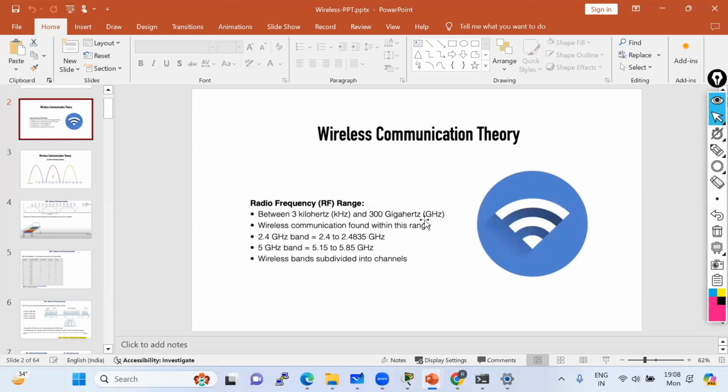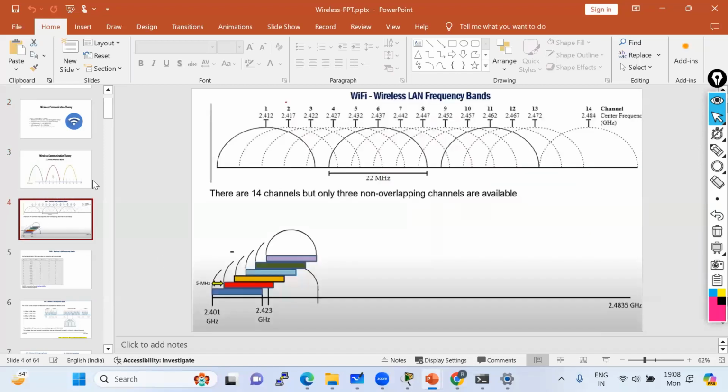Similarly, in 5 gigahertz, we have the range 5.15 to 5.85, and you also keep the spacing between the bands. If you just start transmitting the signal on all the bands, all the channels, a huge interference is going to happen.